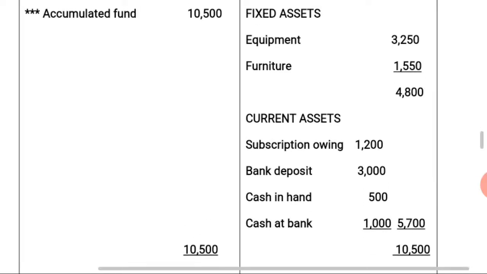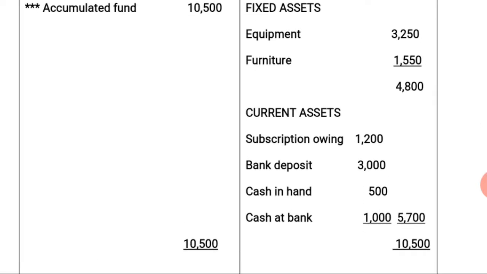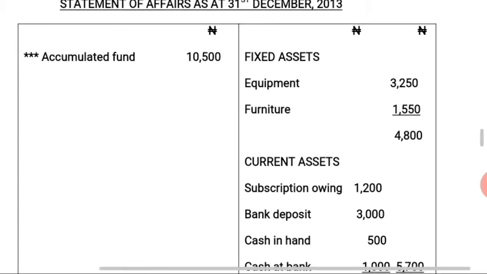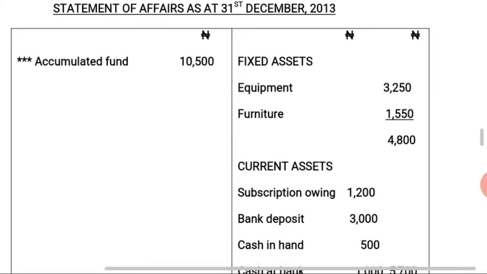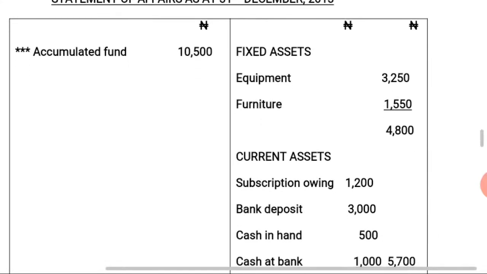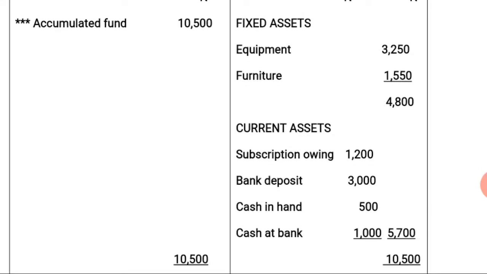So by adding the current assets to the fixed assets, which stood at 4,800 naira, we had 10,500 naira as the total of the right hand side of our statement of affairs, that is the asset side.